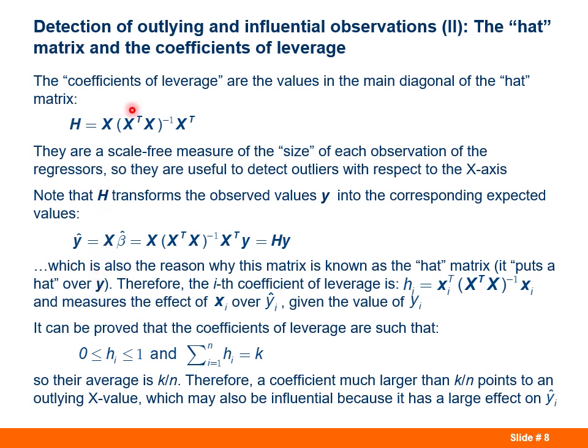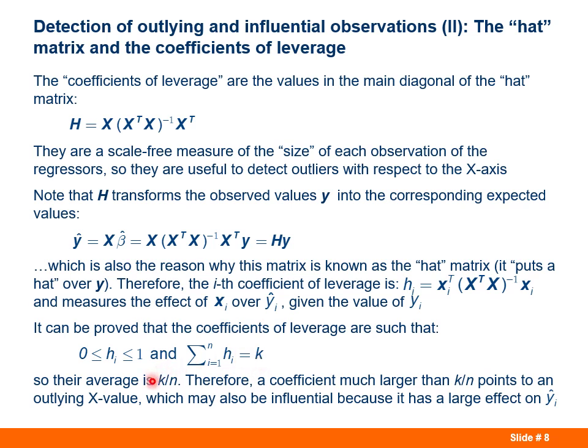Bearing in mind this definition, the i-th coefficient of leverage will be defined as this. We can compute it in this way, and it measures the effect of y_i over y hat_i given the value of y hat. It can be proved that the coefficients of leverage are bounded between 0 and 1, and the sum is equal to k, the number of regressors.